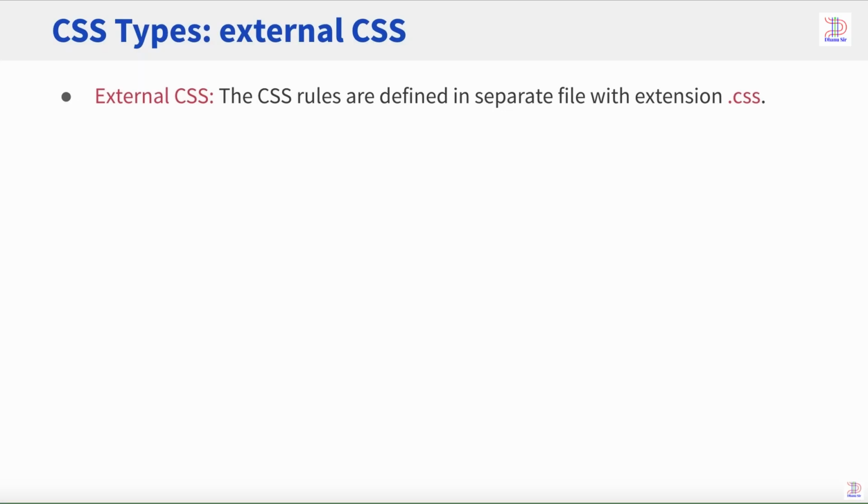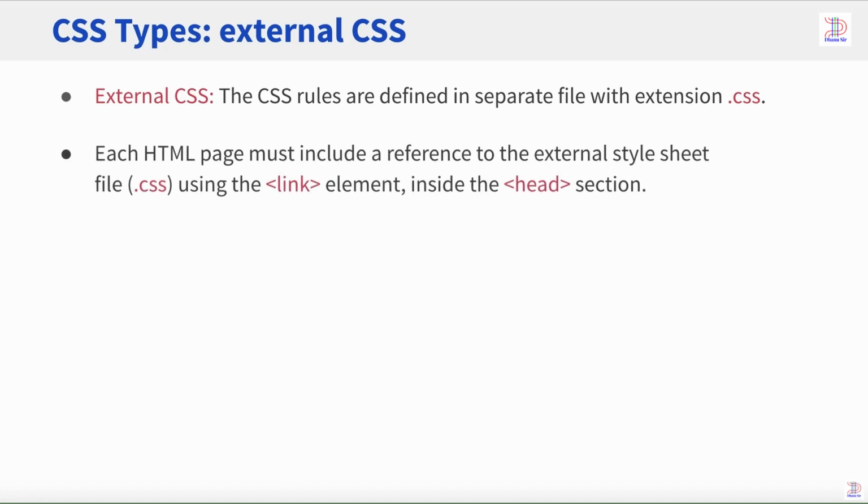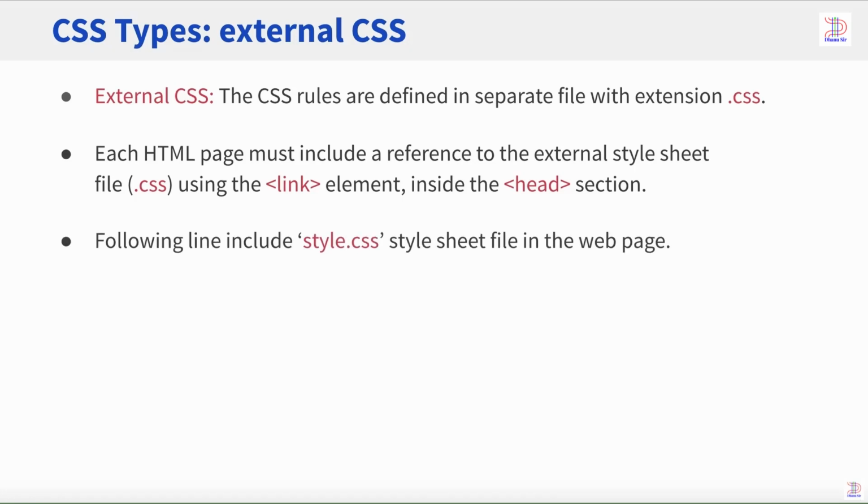External CSS. The external CSS rules are defined in a separate file with extension .css. Each HTML page must include a reference to the external style sheet file using the link element, and it should be inside the head section. The following line includes the style.css style sheet file in the web page.